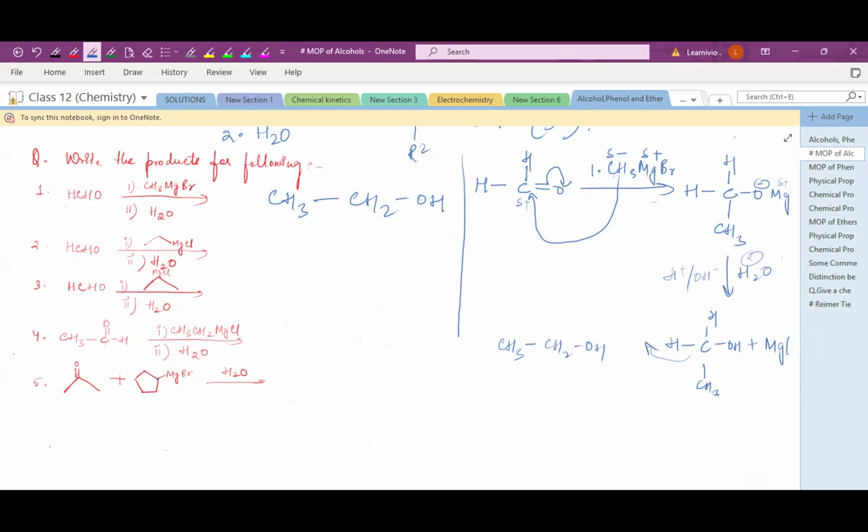The fourth one is another aldehyde, other than formaldehyde, so you will get the secondary alcohol. The fifth one is a ketone, so in the case of a ketone, you will get the tertiary alcohol. The reaction mechanism will be very simple, very easy. You have to follow the same mechanism, same steps, and you will get the right product.